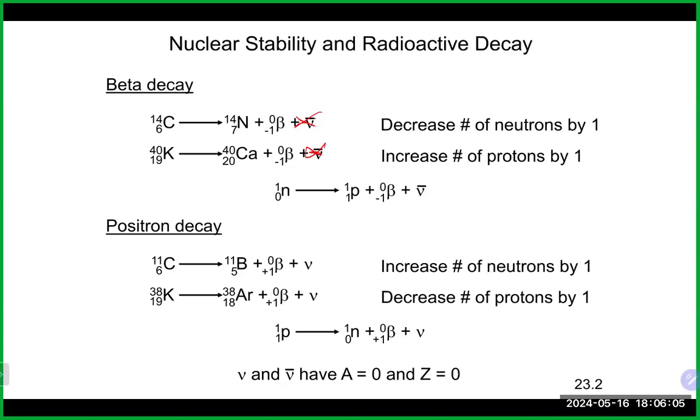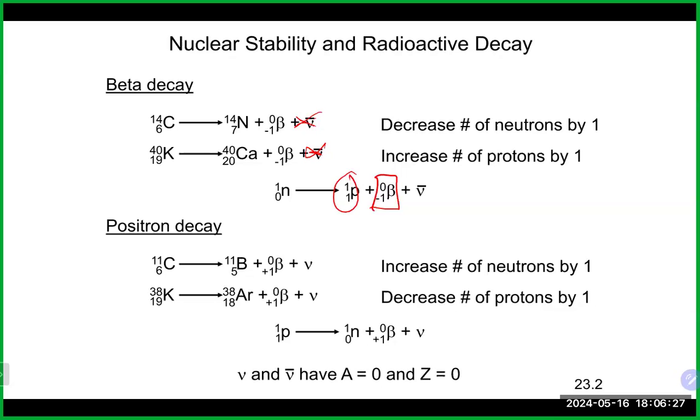So if we look at a beta decay, we decrease the neutrons by 1 and increase the protons by 1. We are essentially taking a neutron and converting it into a proton, and the byproduct of that conversion is that we're going to release a beta particle.